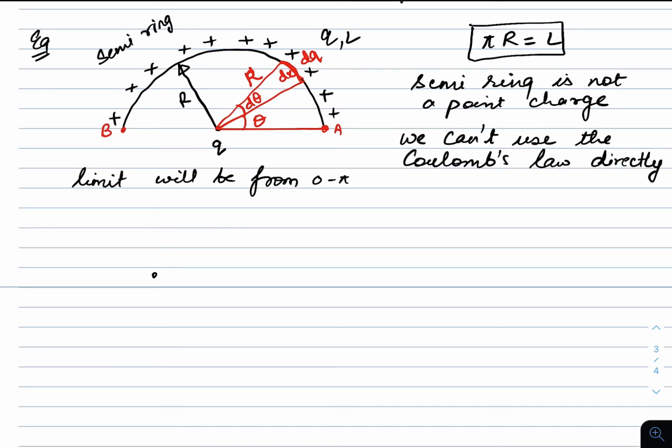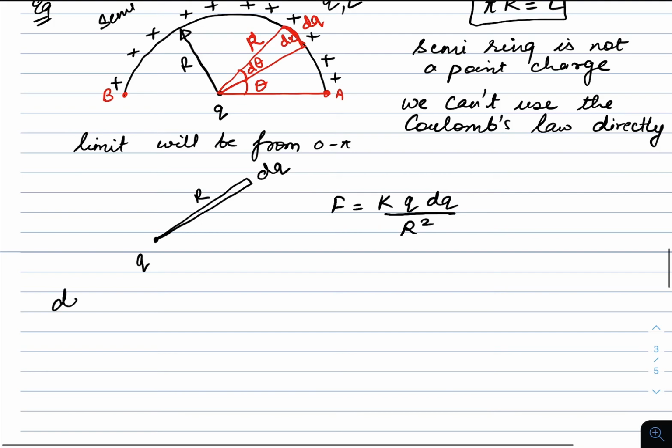Now I have a charge say q, and I have a small charge dq over here, which is at a distance say r, right? So the force will be k q dq divided by r square, and as you know dq can be written as q by l into dx. Now here dx is the variable, so I have to convert dx into d theta.